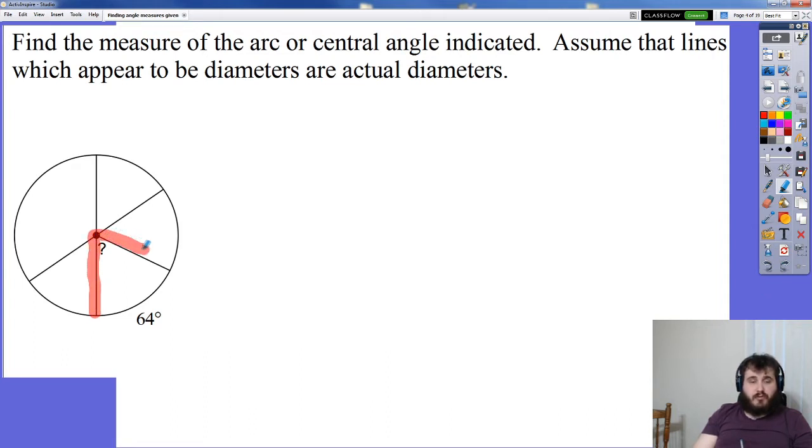It does have to go through the center of the circle, and that's the key here. If you know the central angle you're looking for, it is the same as the minor arc that cuts through.